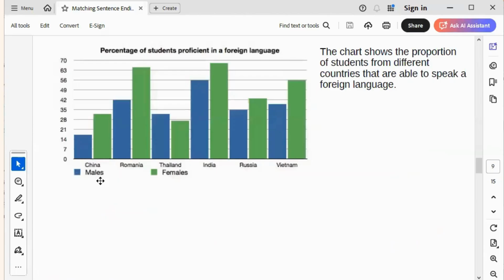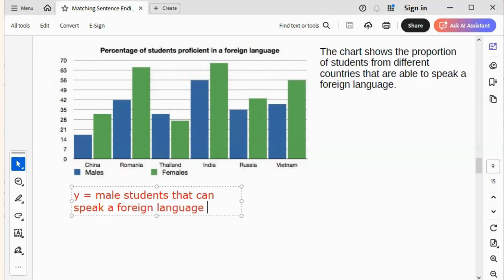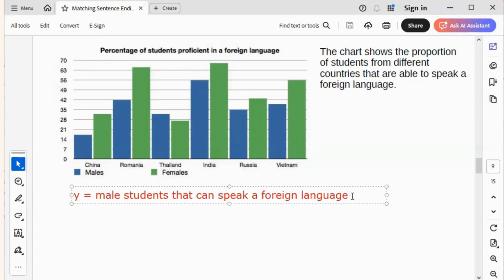For this particular question, for China, Y represents what? No, I've mixed it up.